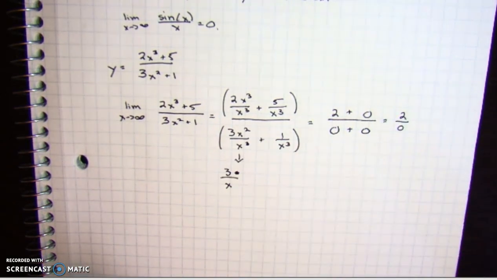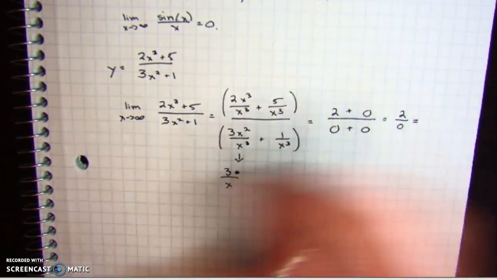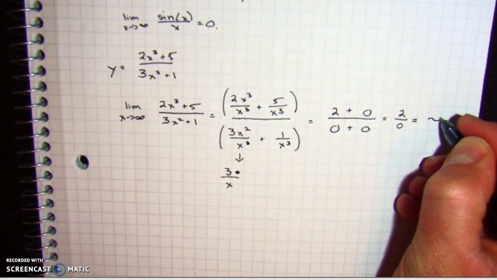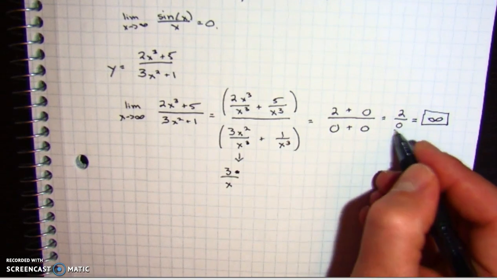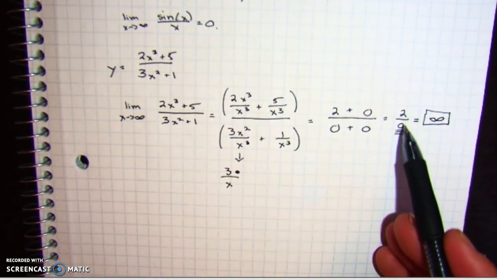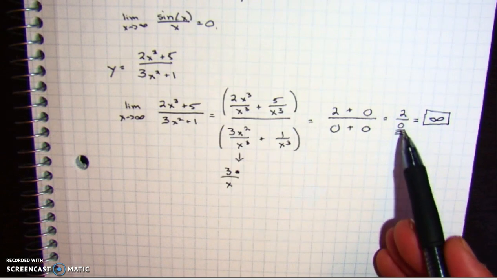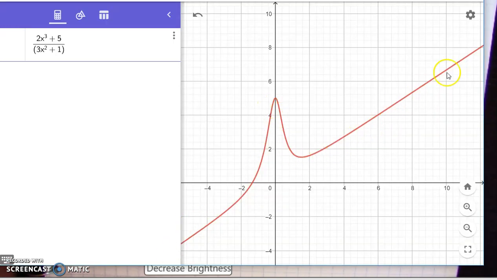You never want to divide by 0 in math, but in this case we know that this limit is in fact infinity, because anytime you have 0 in the denominator, 0 goes into 2 an infinite amount of times. So looking back at our graph, this is just going to keep going up and up forever, and it's not going to turn down.